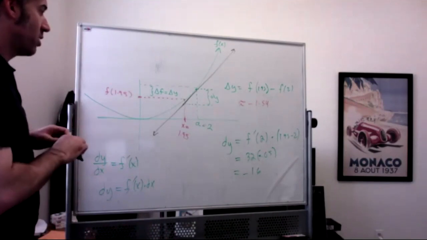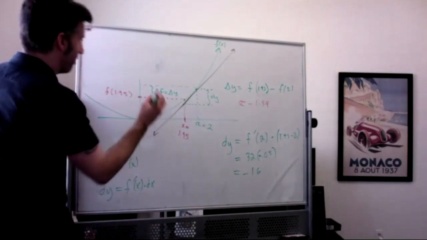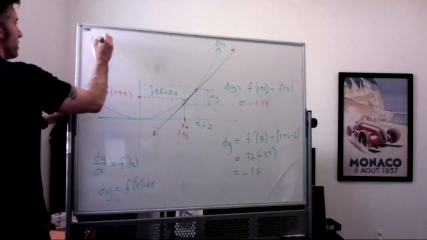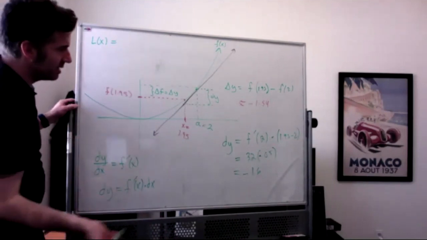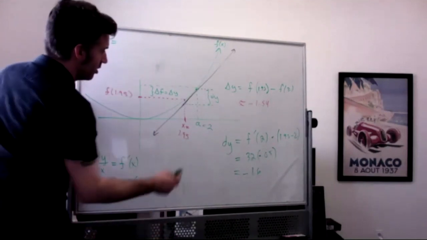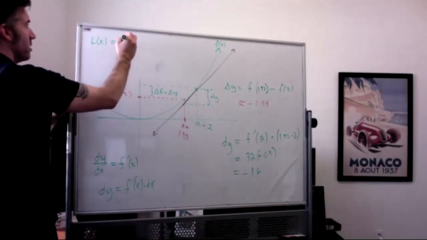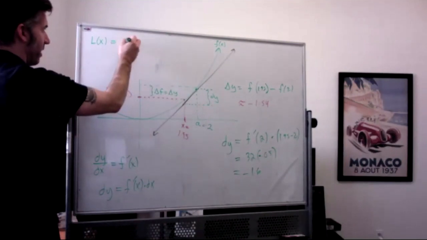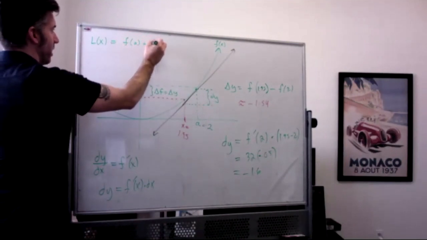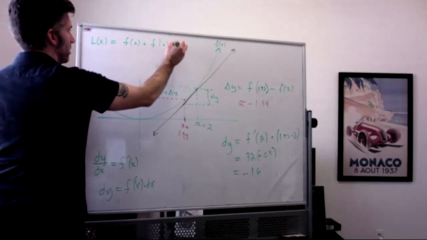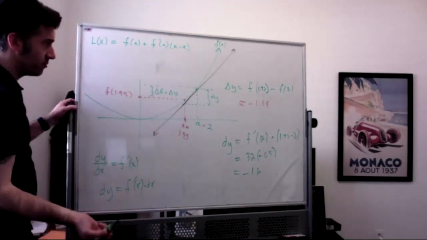So the way I'm going to find L of x, I'm going to say that L of x is the equation of the tangent line, which is going to be f of a plus f prime of a times x minus a.